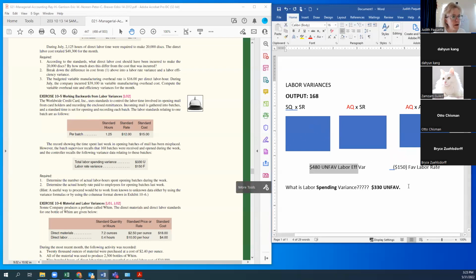Let's work with the first box. Let's get the total for the first box. If our output is 168, and we know that our standard quantity is 1.25 hours per unit, we should have done how many hours? 168 times 1.25, that's 210 hours.